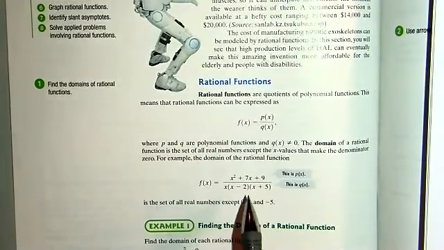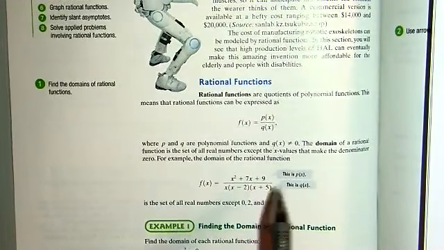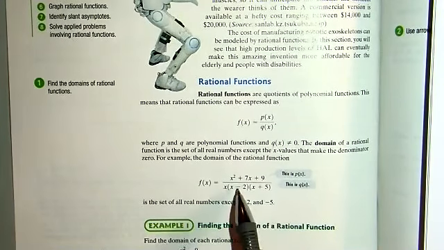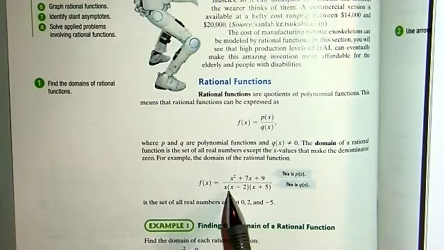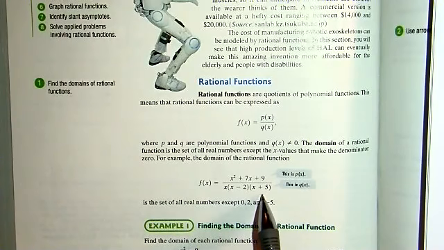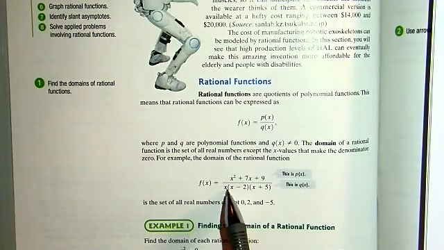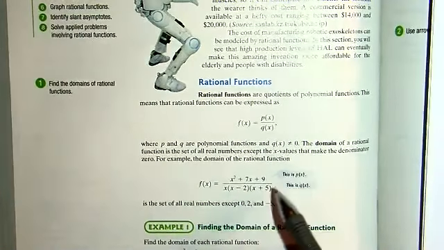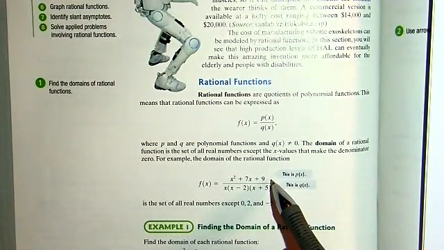If we look at this function composed of two polynomials, the numerator is a quadratic expression. The denominator is a factored expression. If we multiply that all the way out, you could see we would have an x to the third power. So this is a rational function composed of a quadratic polynomial divided by a cubic polynomial.